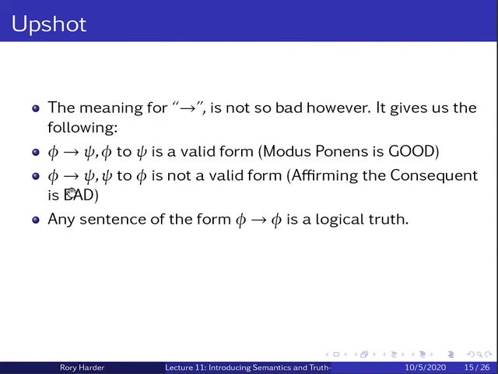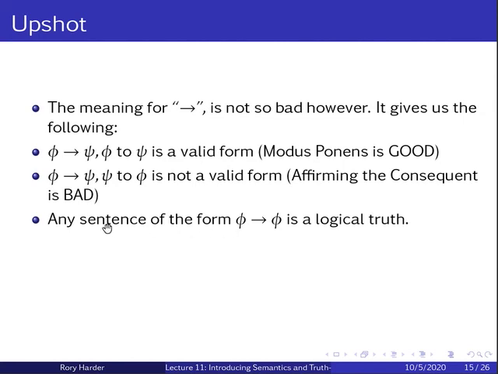We will also see that the following is not a valid form. Premise 1, if phi then psi, premise 2, psi, therefore conclusion phi. Now this is a form of affirming the consequent, and we saw that this is not a good argument form, and our meaning for the conditional also will explain how this is not valid. Furthermore, we want any sentence of the form if phi then phi, so the idea that phi leads to its own truth, that seems to be a clearly true claim.